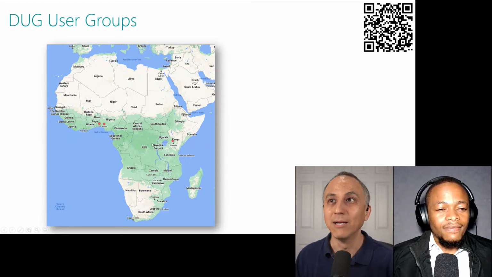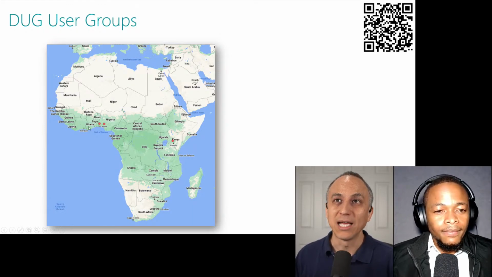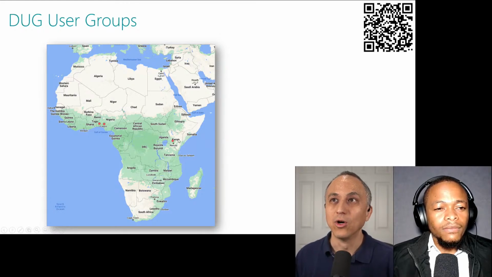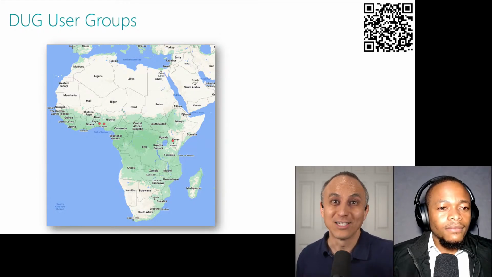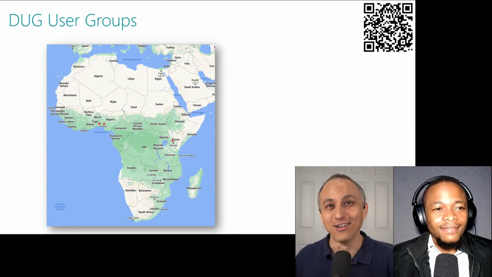I haven't followed that, but you're obviously leading up the Kenya one. Yes. And then Samuel is over here in Accra, in Ghana. So we're starting to see some user groups form, which is fantastic. Thank you very much for getting that started.